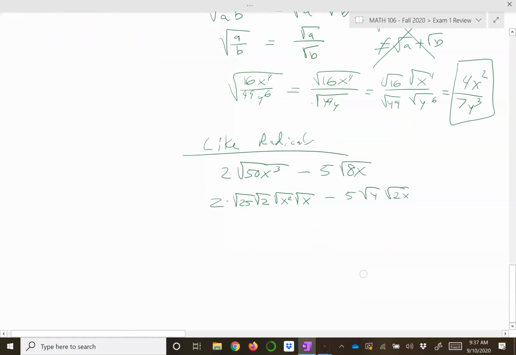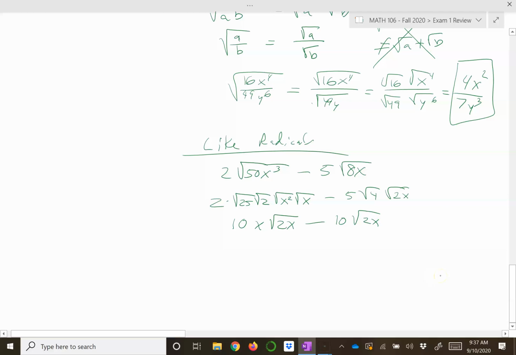All right, so let's see what we have. We have a 2 times the square root of 25. The square root of 25 is 5, so 2 times 5 is 10. And then the square root of x squared is x, and we're left with 10x square root of 2x. Now this other one is 5 square root of 4, which is 5 times 2, which is 10, square root of 2x.